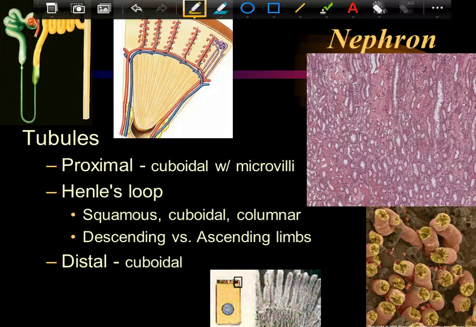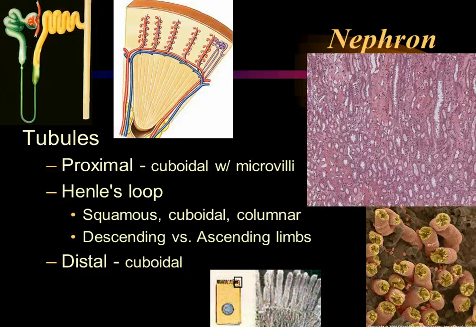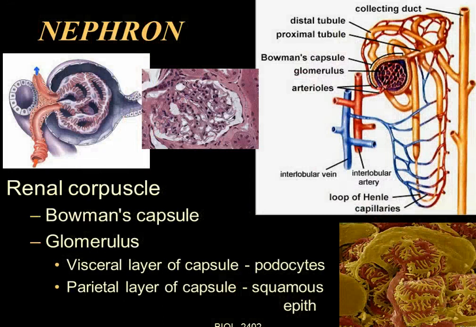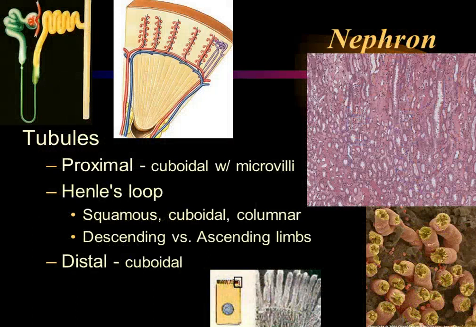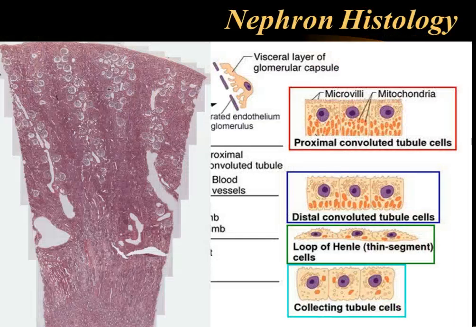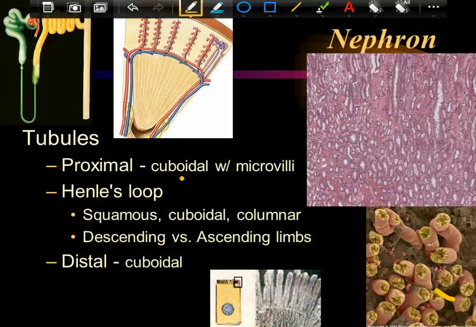Okay, so now you're looking at the tubules. Right here in green is what is called the proximal convoluted tubule.